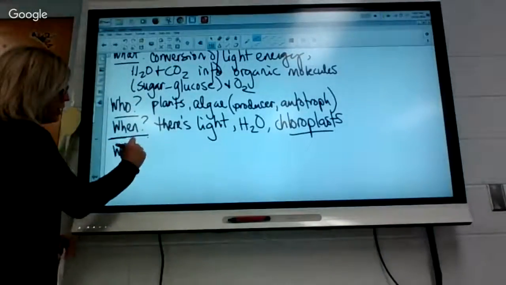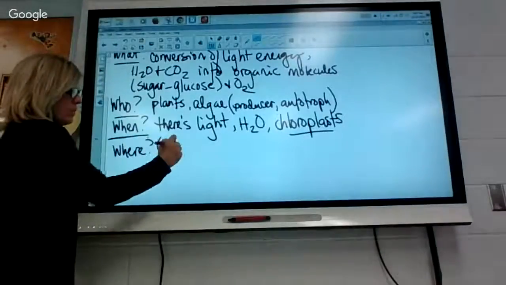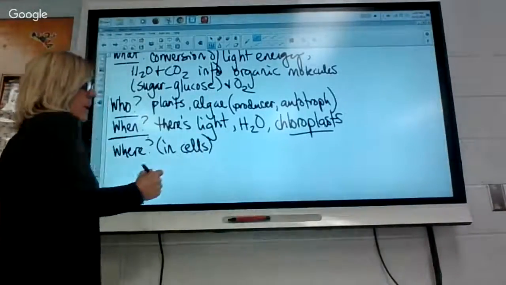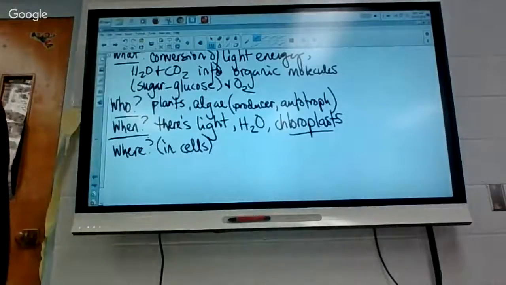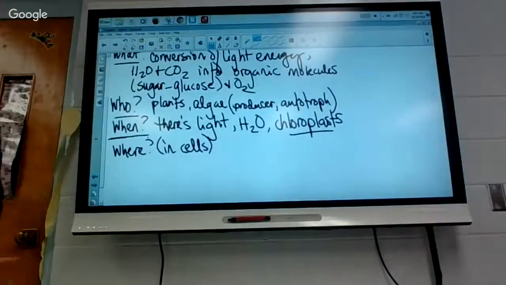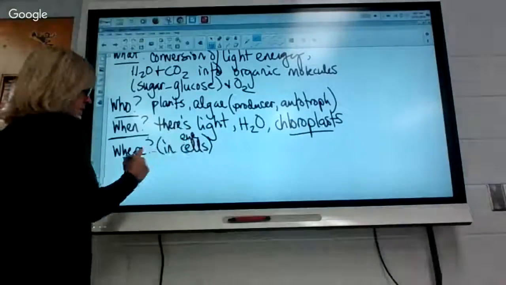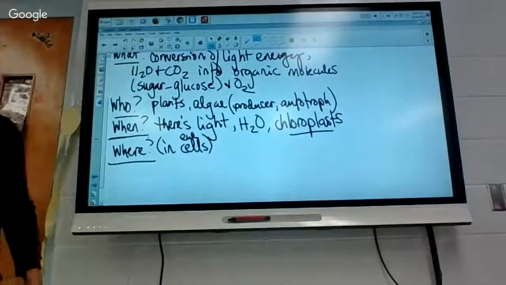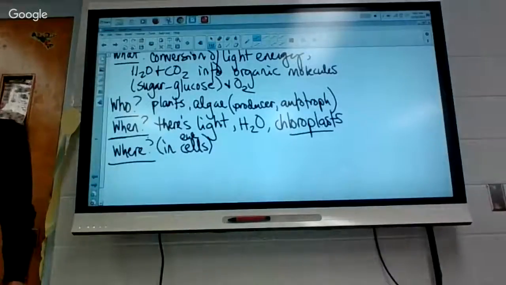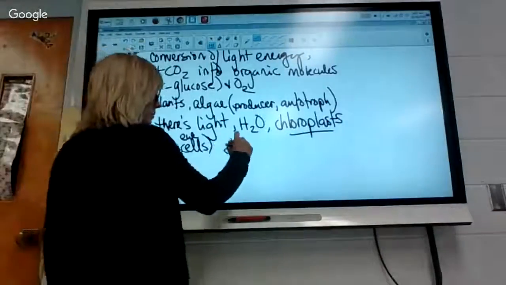All right, that is in cells, not outside like someone said yesterday. I was pretty vague about where. So where in eukaryotic cells does this happen again? Chloroplast, yeah.